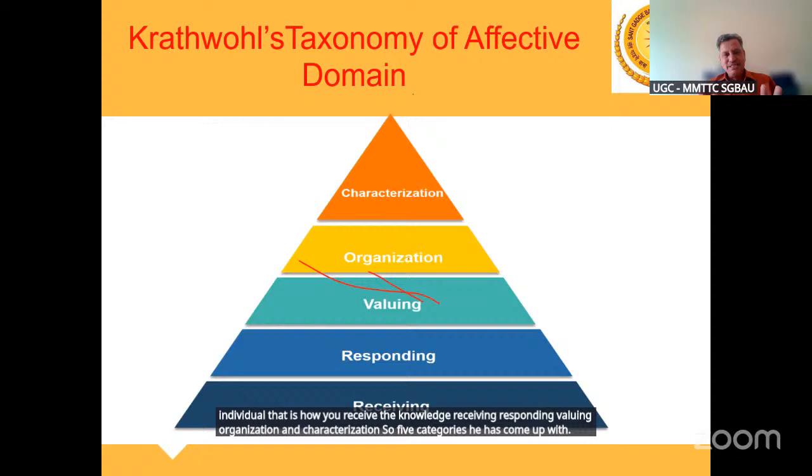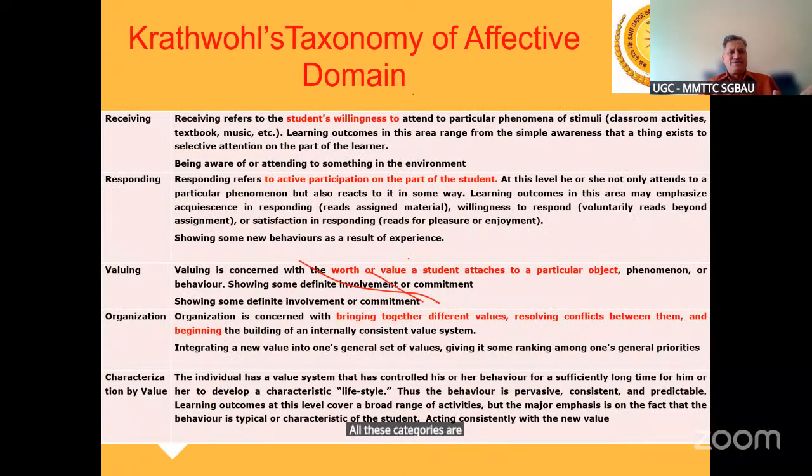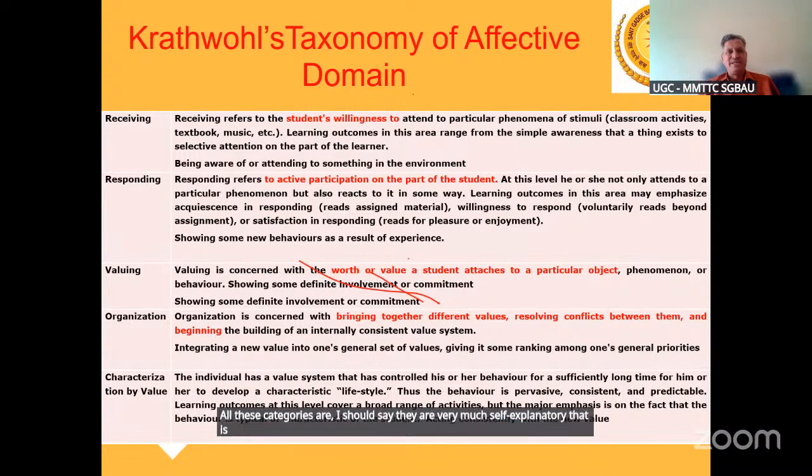All these categories are very much self-explanatory. Receiving refers to the student's willingness to attend to a particular phenomenon. Responding refers to active participation on the part of the student. Say you are interacting with the student, and if he is responding, it is of that sort.